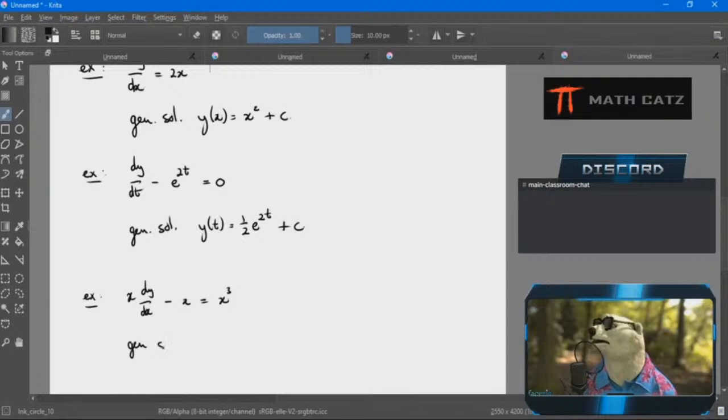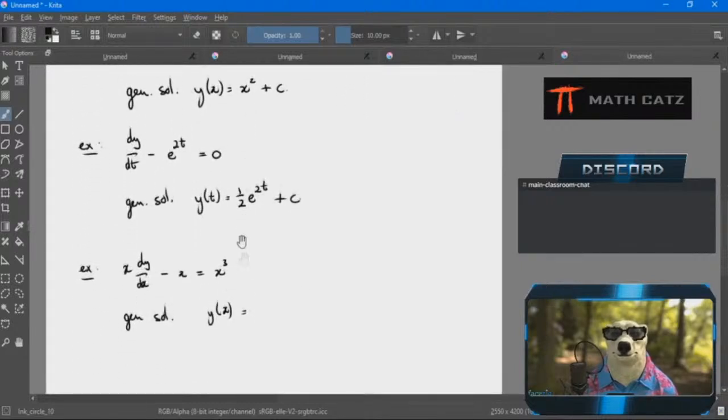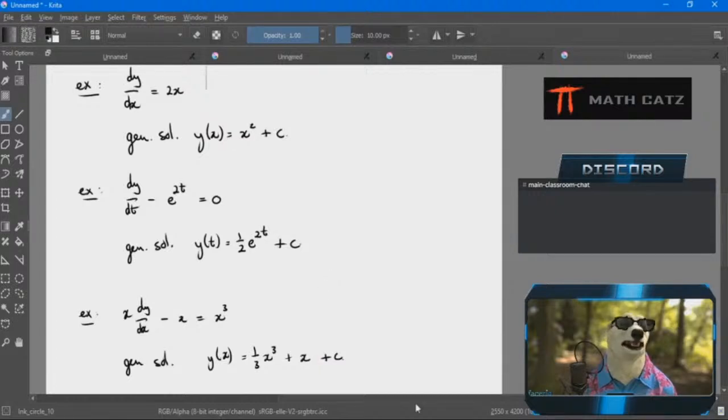And we found a general solution. General solution y is, what did we find? 1/3 x cubed plus x plus c. All right. There we have 3 examples for which finding the general solution was quite familiar once I understand what the equation is asking.